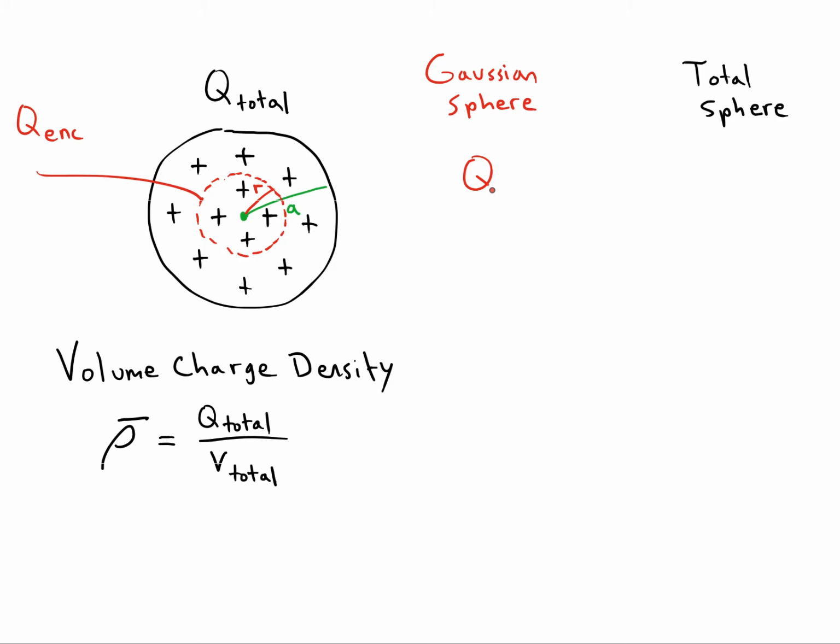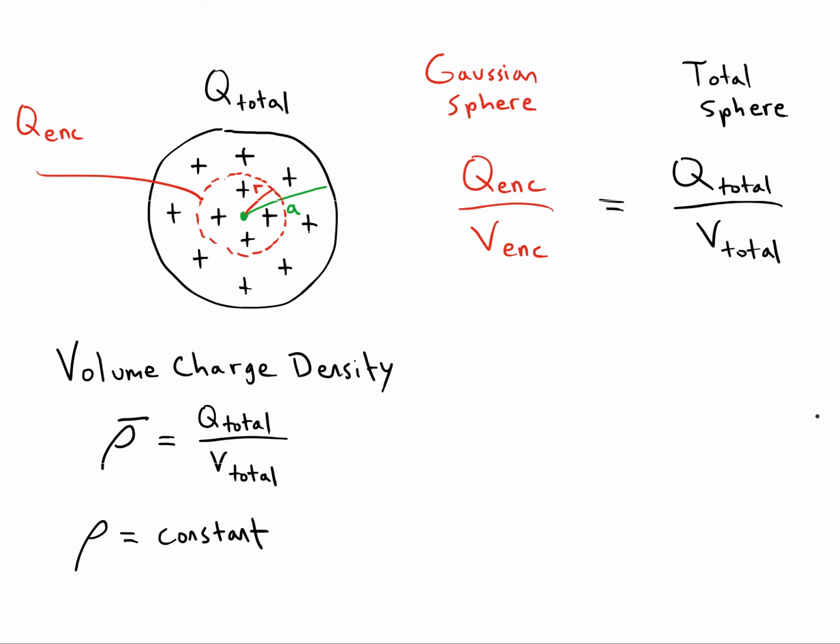So if we divide the charge enclosed by the Gaussian sphere by the volume enclosed by that same sphere, that'll give us the charge density inside our Gaussian sphere. And we can do the same for our overall sphere as well. These two things are going to be equal, and the reason why they're equal is because our volume charge density in this situation is constant. So these things are going to be proportional to each other.